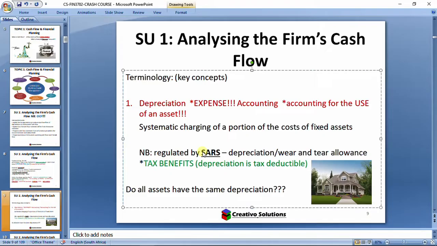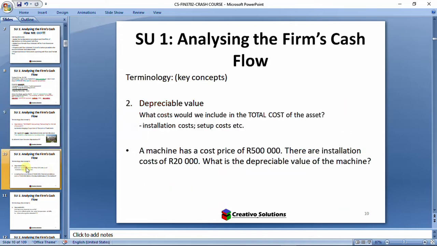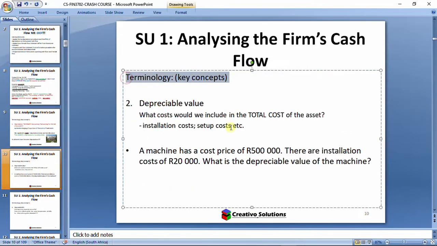SARS provides the guideline in terms of how much depreciation you can write off on which assets. Something else to also consider when looking at these key concepts is that the depreciable value will be different for those different assets. I mean, a machine will cost maybe 500,000. You might have a building costing 500 million. So it's all relative. It's all different in terms of the amount of depreciation that you could account for.